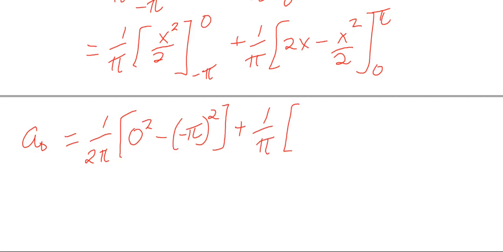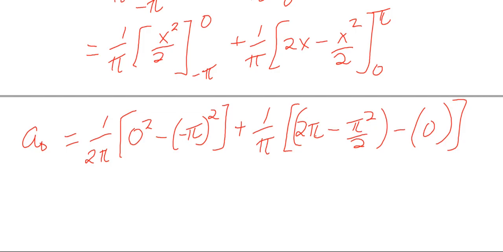When we substitute the upper limit, we get 2 pi minus pi squared over 2. Of course, when we substitute the lower limit x is 0, we definitely get 0.